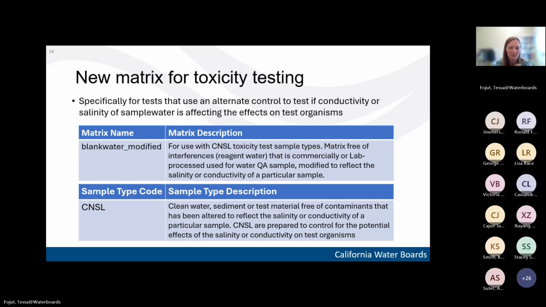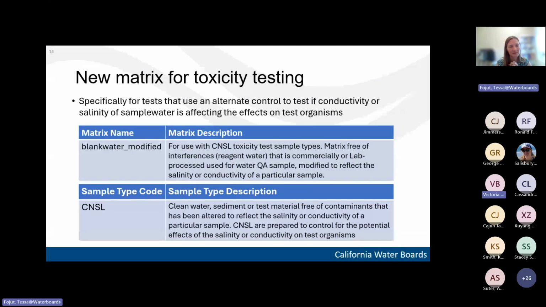I thought that this was just because the tox templates are different than the chemistry one, because blank water works for chemistry because there is the, I just forgot what the column was. We were just talking about it. Sample type identifies that it's a laboratory control sample, but is the issue that the tox templates don't?